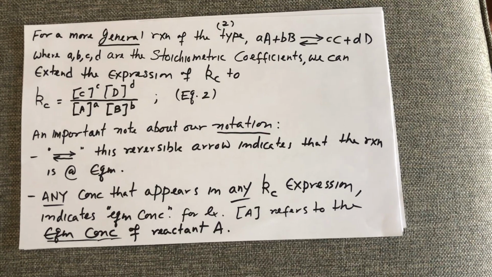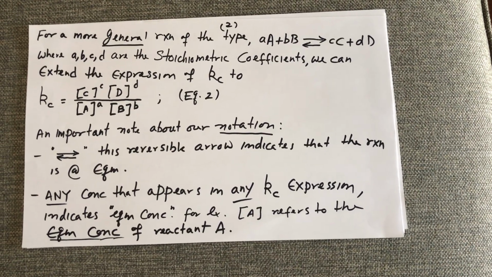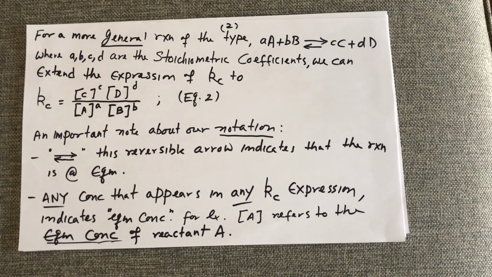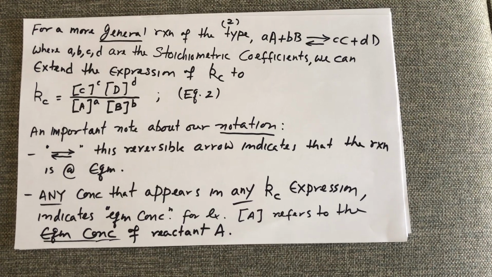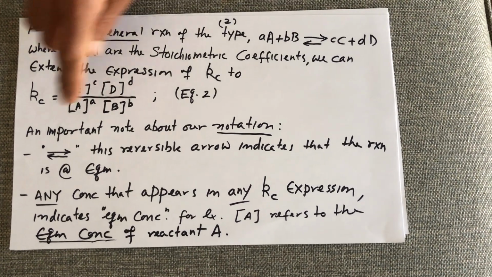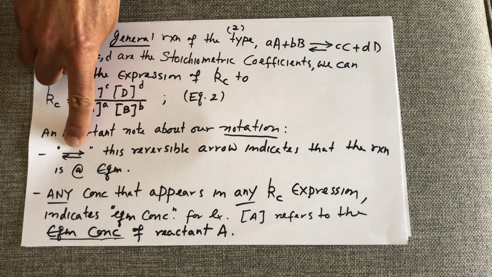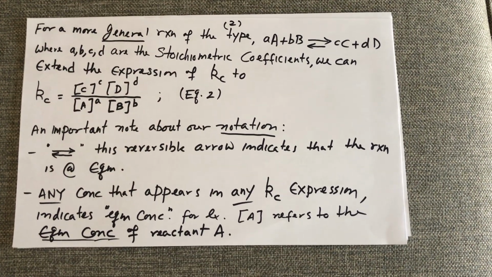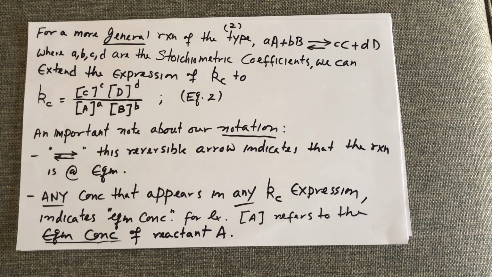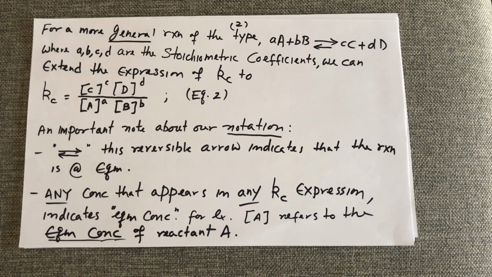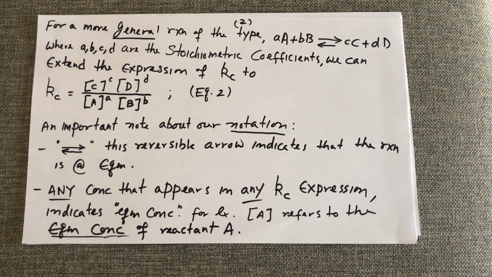Now, an important note about the notation. First of all, I explained in the beginning that this reversible arrow indicates equilibrium. So if we have a reversible arrow, that basically means we are operating under equilibrium conditions.